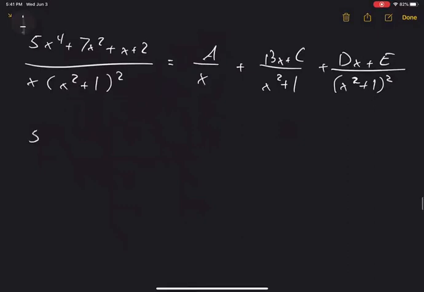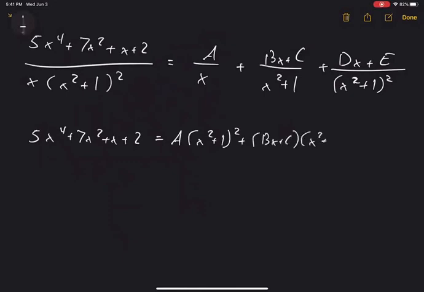First, I would need to multiply both sides by my denominator on the left side, right? So I end up with A times (x squared plus 1) squared plus (Bx plus C) times (x squared plus 1) times x, and then plus (Dx plus E) times x.